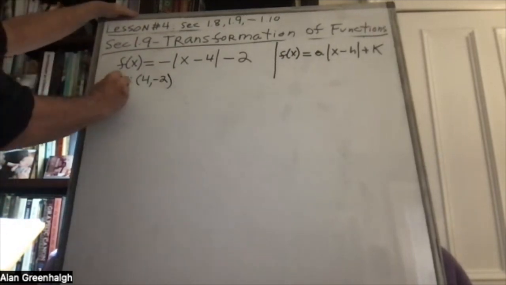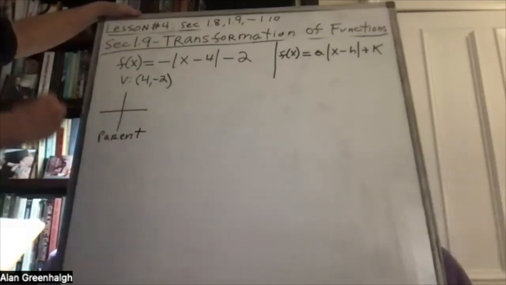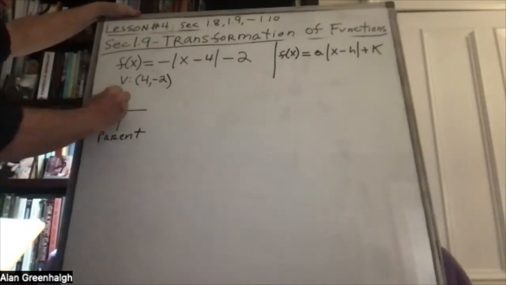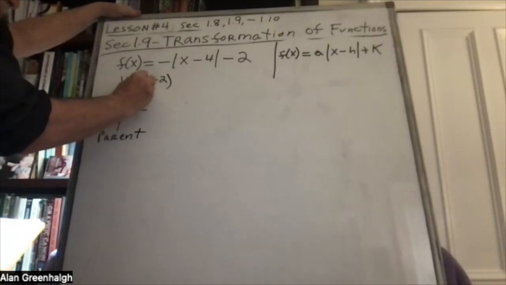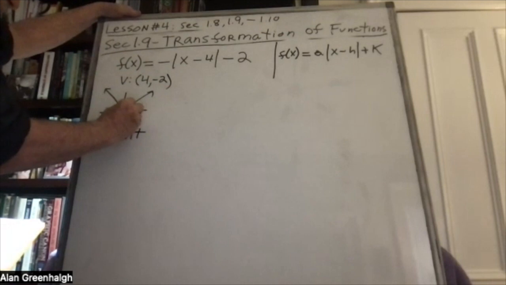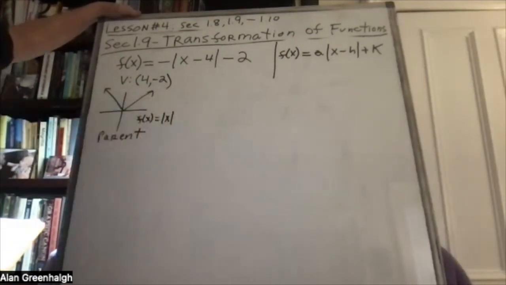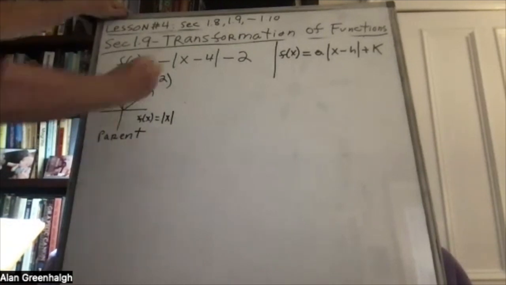So the first thing you should look at is the parent. In many cases, that's the first question. The first question you will be asked is, graph the parent function. This is the parent function for f of x equals the absolute value of x. That's the parent.